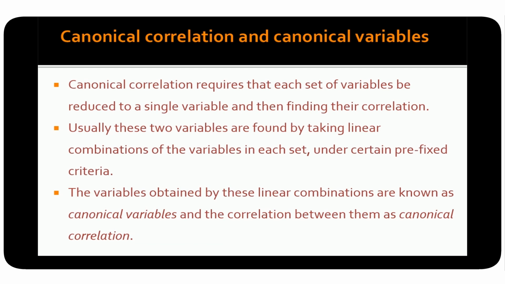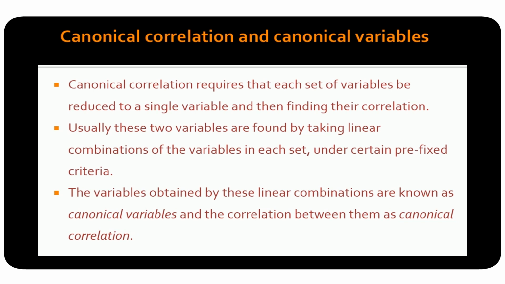How do you do that? You take a linear combination. So if I have set 1 and set 2, I take a linear combination of the variables of set 1, and I take another linear combination of the variables of set 2. And then I look at the relationship between these two linear combinations. That is basically what canonical correlation analysis does.